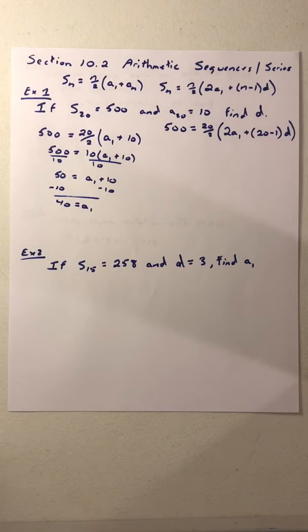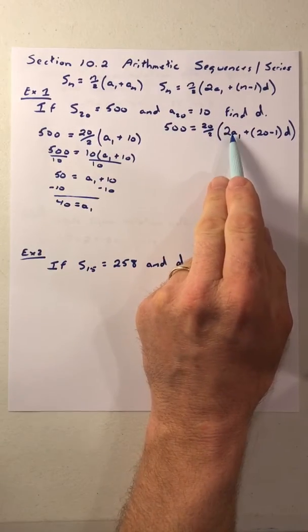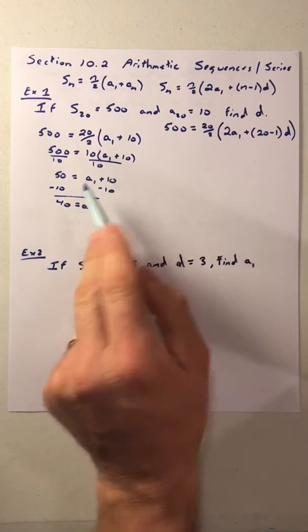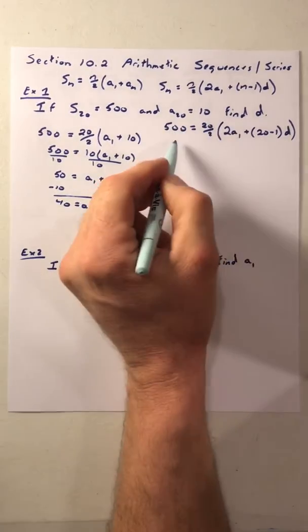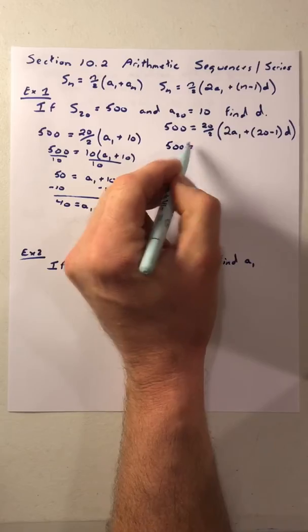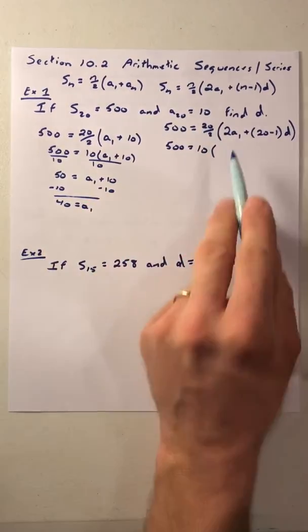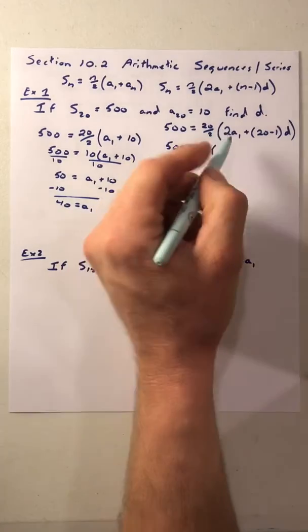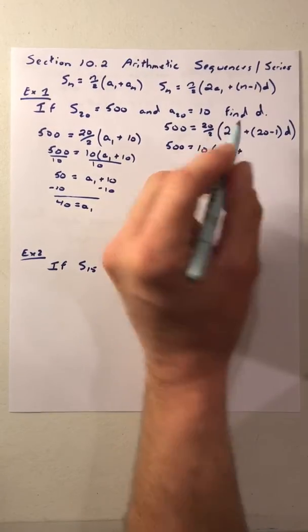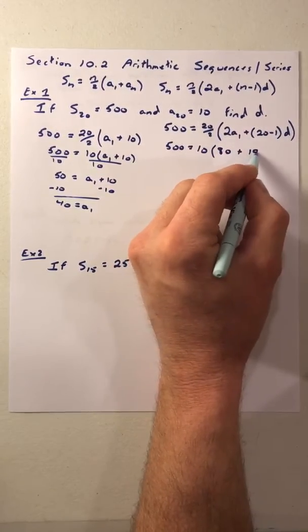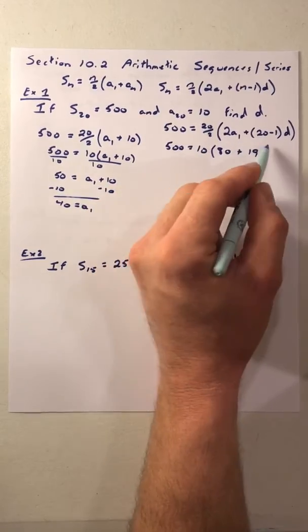Now that I know my first term, coming back over to the second equation, I can replace a sub 1 with 40 and solve for d. So 20 divided by 2 gives me my 10. 2 times 40 gives me 80. 20 minus 1 is going to be 19, times d.